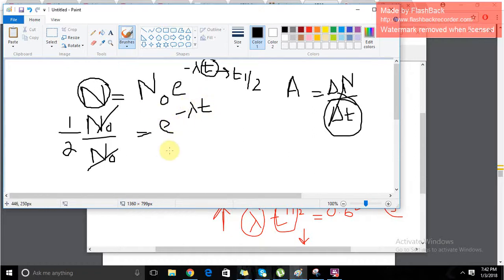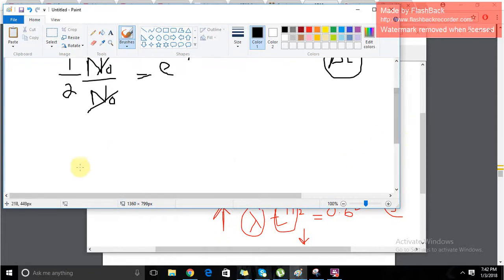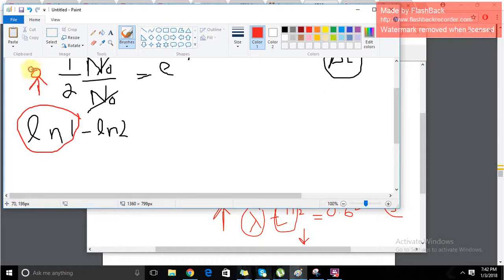And what you do, you want this e to disappear, and so you take the natural log, and when you take the natural log of 1 by 2, it becomes natural log 1 minus natural log 2, and because natural log 1 is actually equivalent to 0, you're just left with minus natural log 2.